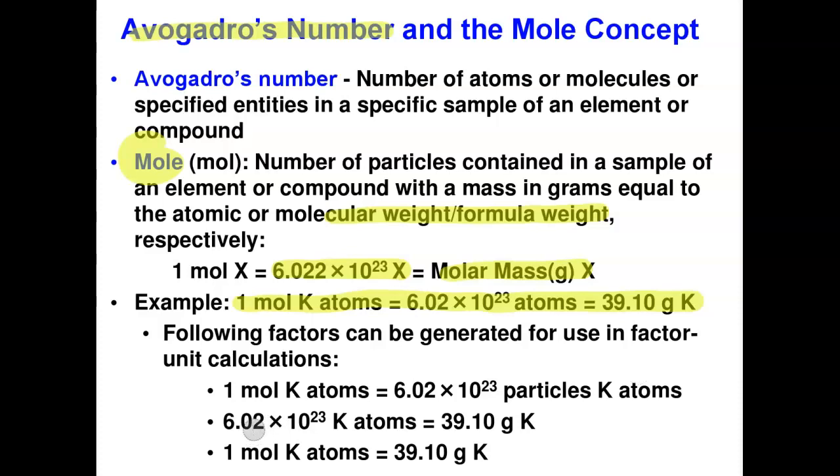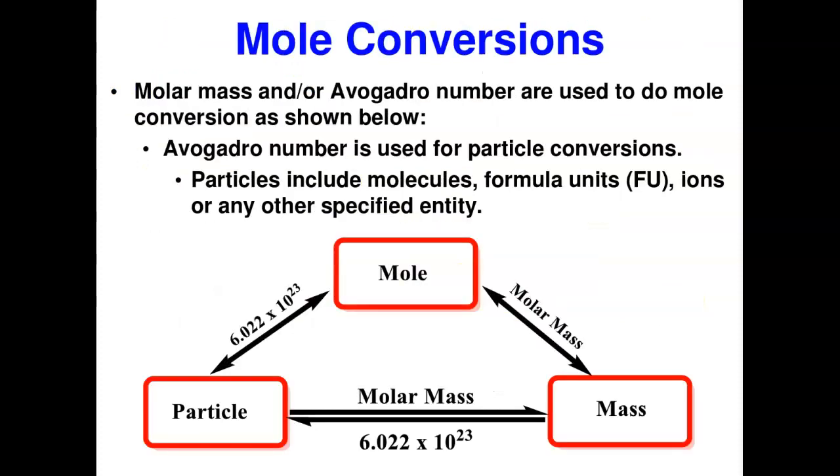We can also say that 6.022 times 10 to the power 23 potassium atoms is equal to the mass of 1 mole of potassium, which is 39.10 grams. And 1 mole of potassium atoms also weighs this particular mass in grams. So from this very fact, we have 3 conversion factors that we can use in solving different problems.